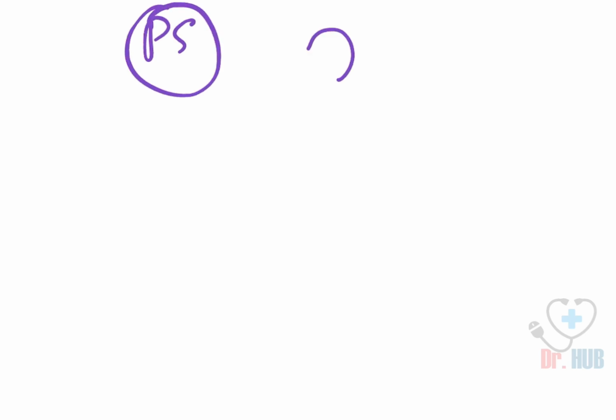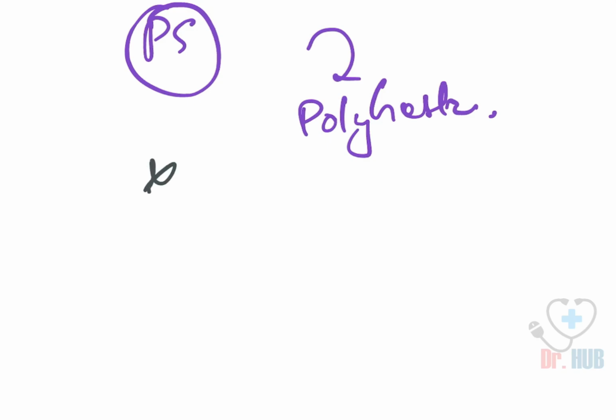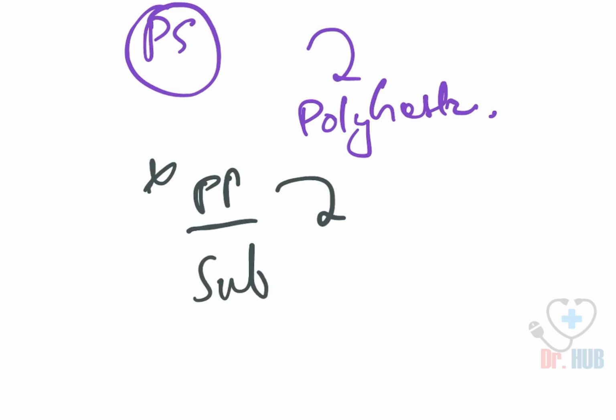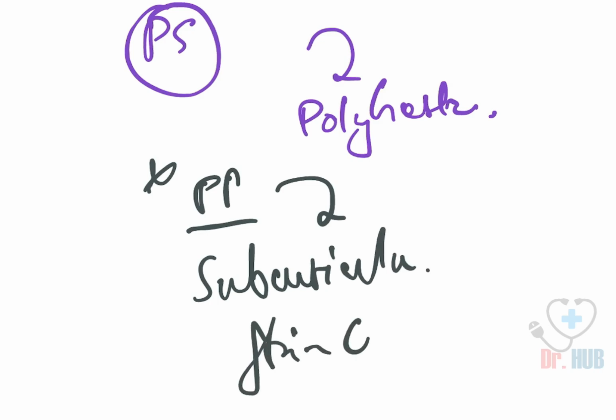Earlier we discussed that polybutester is used for plastic surgery, and even polypropylene can be used for it. Polypropylene is also used in surgical subcuticular skin closure.